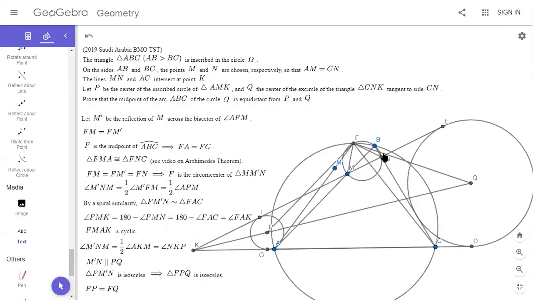So M prime N is half... yeah, I think that's right.